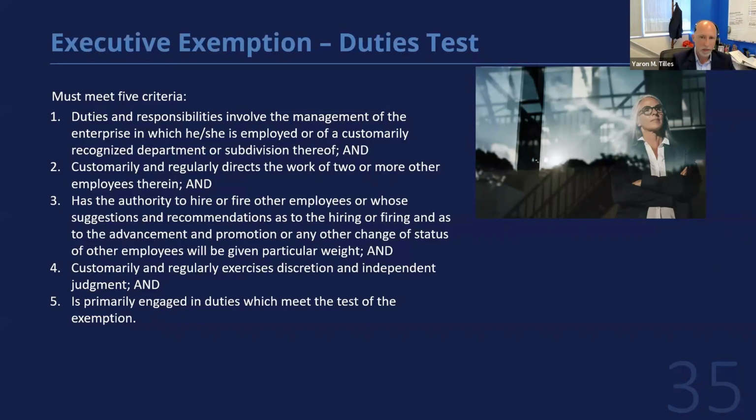So under the executive exemption, there are 5 criteria that must be met. 1, duties and responsibilities involve the management of the enterprise in which the employee is employed or of a customarily recognized department or subdivision thereof. 2, customarily and regularly directs the work of 2 or more employees therein. 3, has the authority to hire or fire other employees or whose suggestions and recommendations as to the hiring or firing and as to the advancement and promotion or any other change of status of other employees will be given particular weight. 4, customarily and regularly exercises discretion and independent judgment.